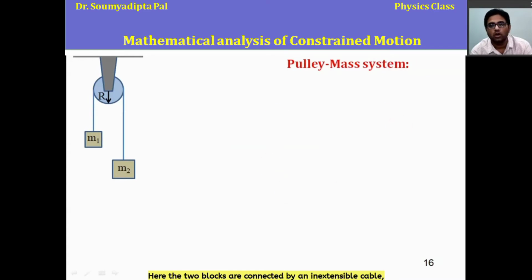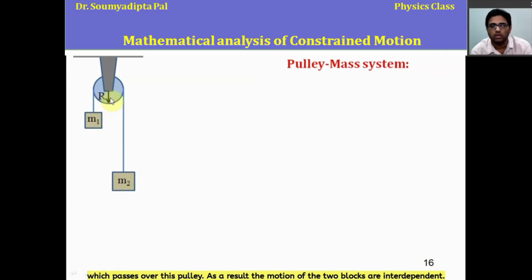Here the two blocks are connected by an inextensible cable which passes over this pulley. As a result, the motions of the two blocks are interdependent.